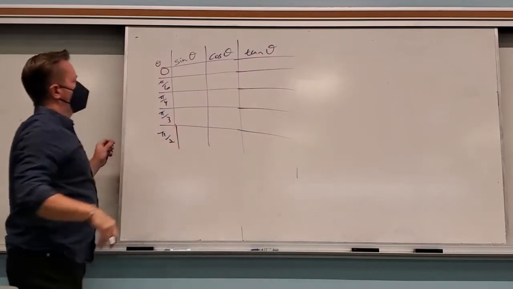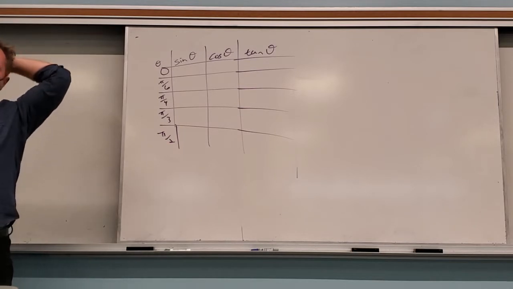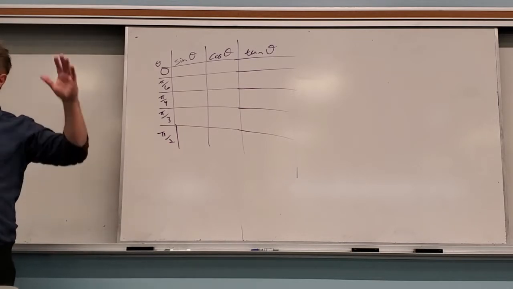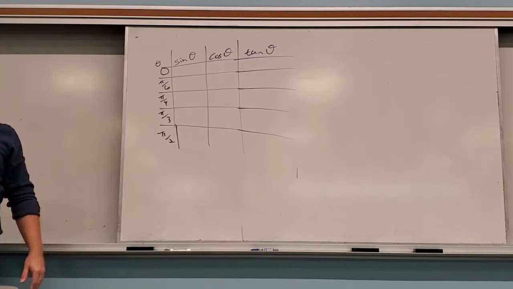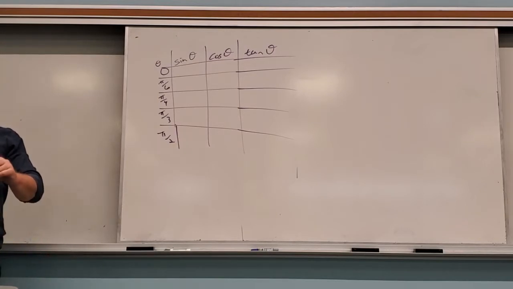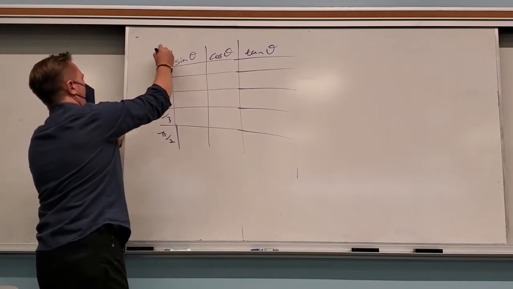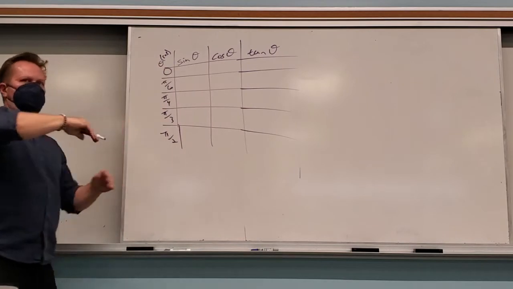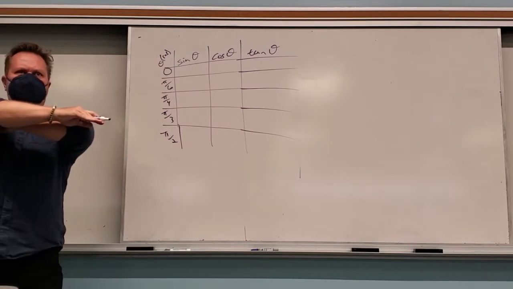All right, so real quick. We haven't really done this yet. I don't really necessarily like this formulation, but it's good to see all the values straight up. So let's see if everybody remembers how this works. We just talked about sine at 0 degrees or 0 radians, right? These are radians. What is sine at 0? 0.